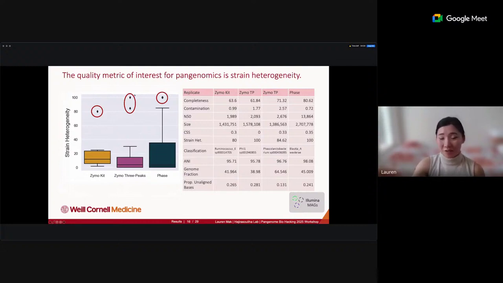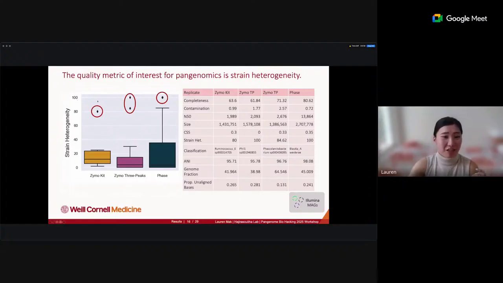So the completeness, as you can see, is pretty low. It's definitely under 90, which is not great, which means that this MAG is probably pretty deeply incomplete. And the assembly graph comprising this MAG might actually be really, really fragmented. So that's not ideal.